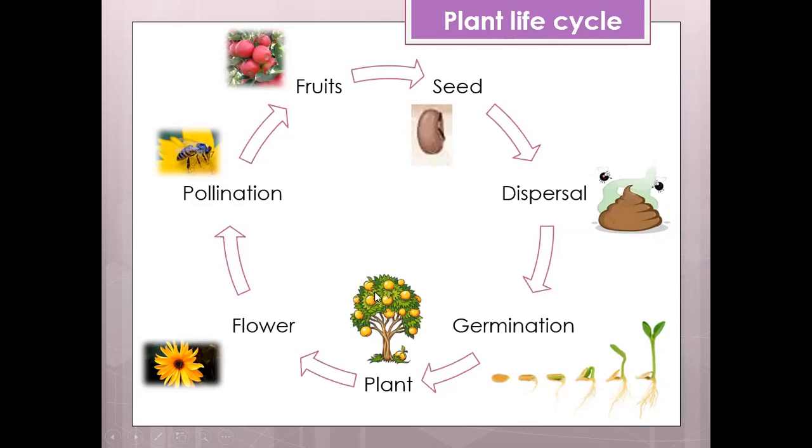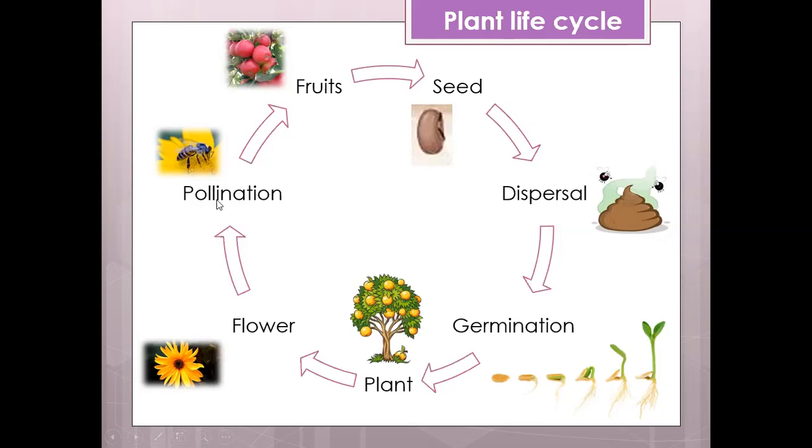Those plants will be having a flower. The flower has what? A male part and a female part. The male part has the pollens and the female part has the eggs. They will be stuck together and then they will be forming the seeds. How will they be stuck together? Through pollination.